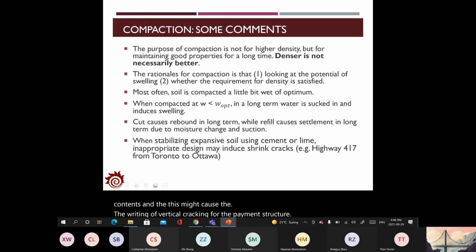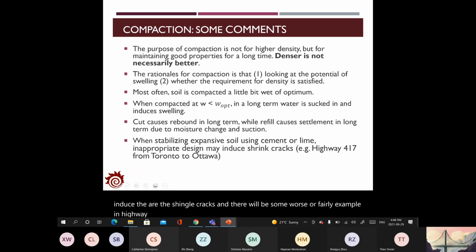Another thing is that sometimes we want to minimize the impact of the moisture contents by introducing some cement or lime, but this kind of design should be carefully considered, because an inappropriate design may induce shrinkage cracks. There is a worse failed example on Highway 417, where you will observe a lot of cracks on that road.